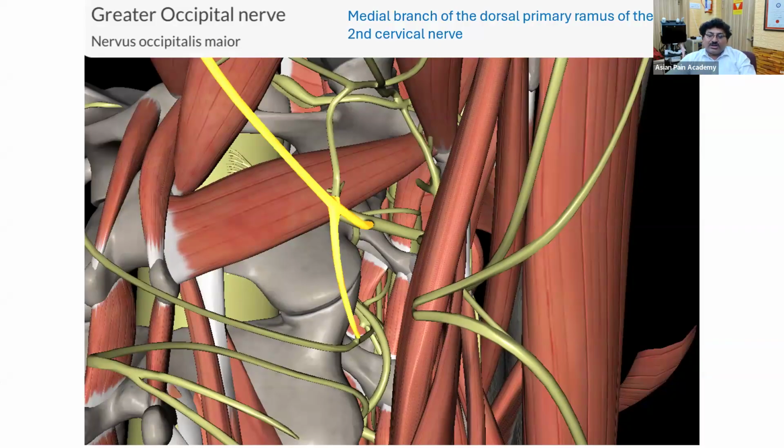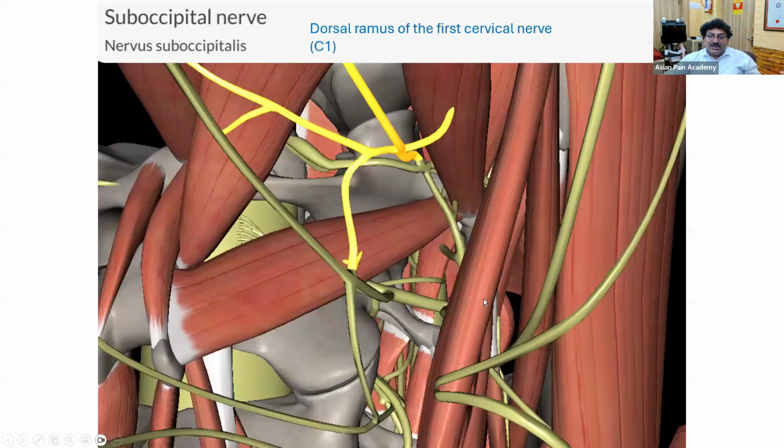As I told, it is a continuation of the posterior ramus of the C2 spinal nerve. It winds around the inferior oblique muscle and then moves up and supplies the posterior part of the neck. So in cases of cervical problems causing headache, this nerve has huge importance.